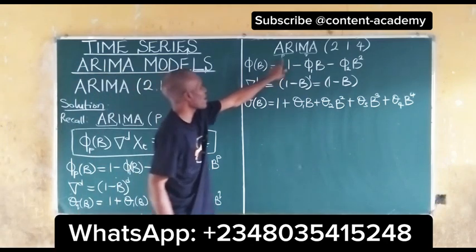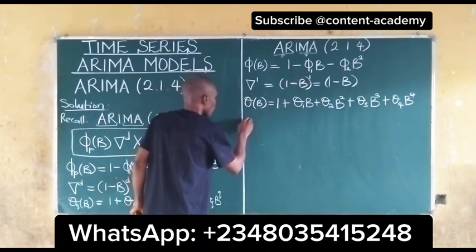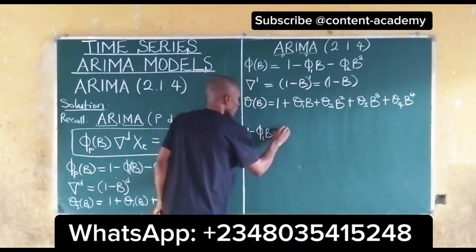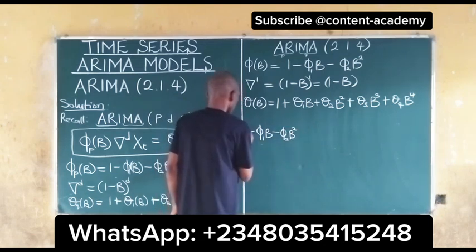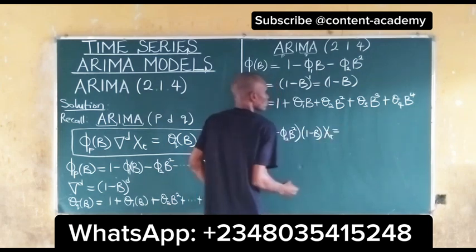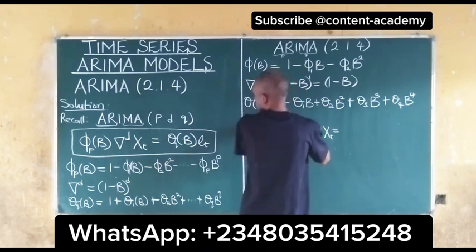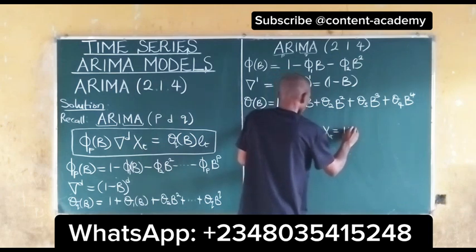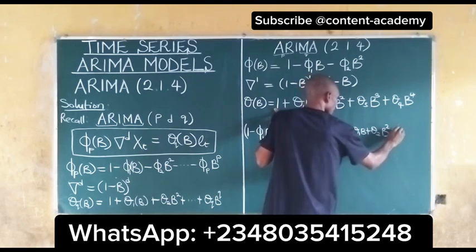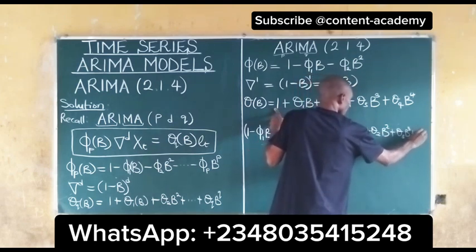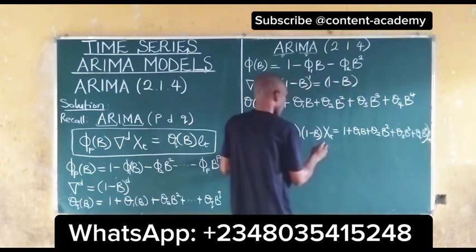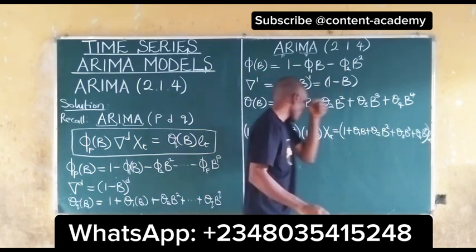Of course, we have our autoregressive part, 1 minus phi_1 B minus phi_2 B squared, into (1 minus B) X_t, to be equal to this part: 1 plus theta_1 B plus theta_2 B squared plus theta_3 B^3 plus theta_4 B^4, into, then our e_t is here, which is the white noise process.